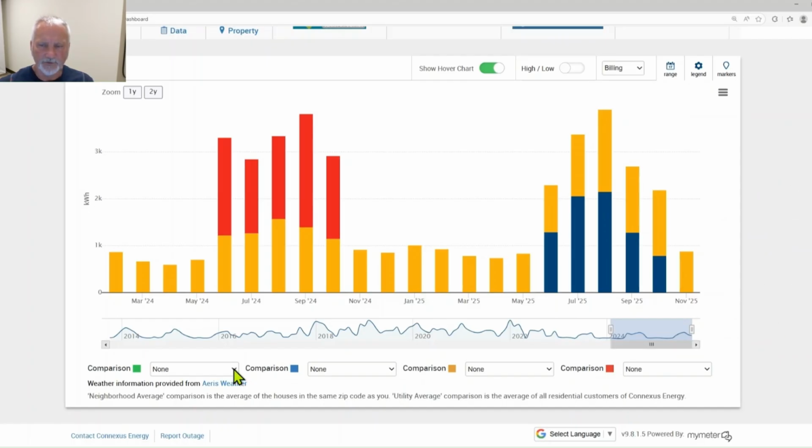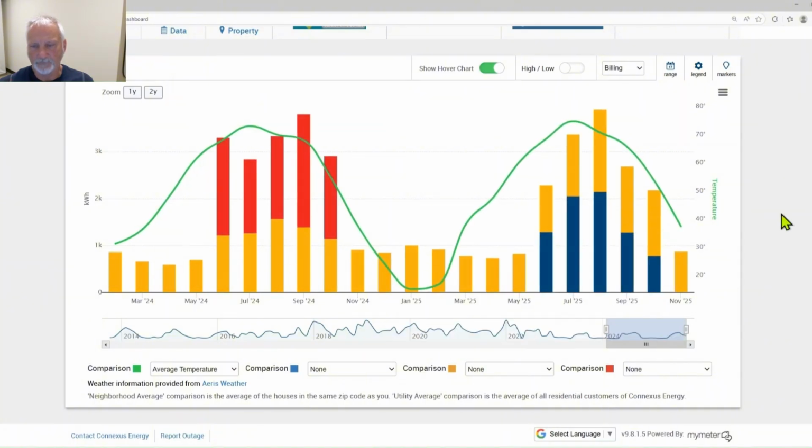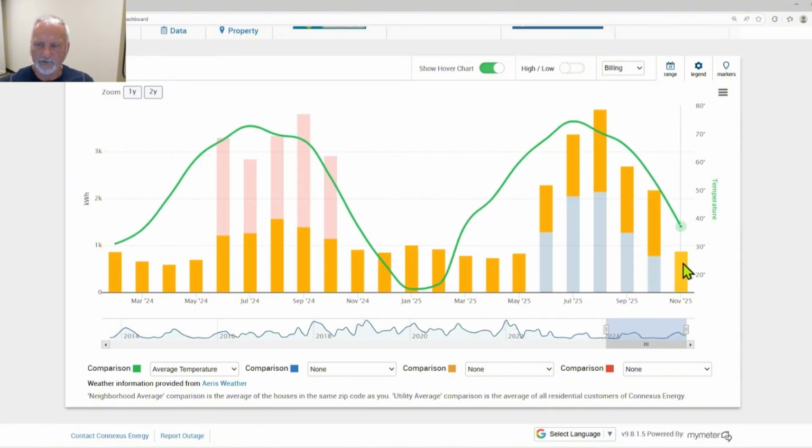When I'm helping people understand their electric bill, I like to put down here, there's these 4 comparisons, so I can pick a temperature. So I like to put average temperature on there. The bar graph you're looking at is the billing bar graph. So that's what I was billed every month since March of 24 to November 25.